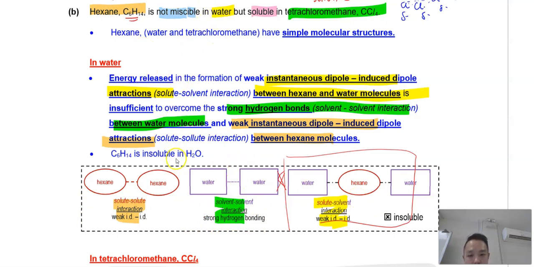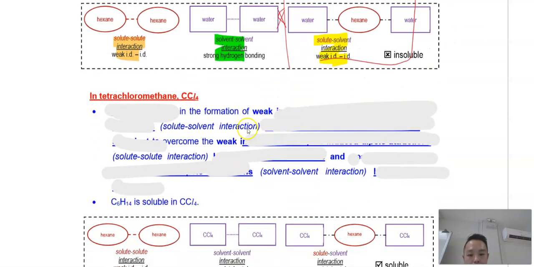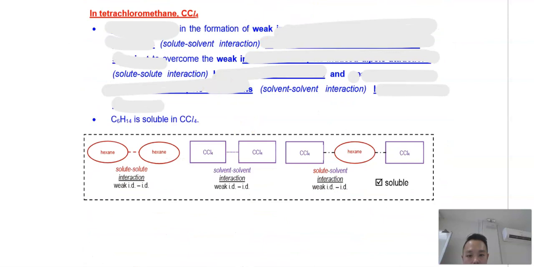In the case of tetrachloromethane, you have ID-ID for your solvent-solvent interaction, and ID-ID for your solute-solute interaction. Hexane and tetrachloromethane are two non-polar substances that are going to be forming ID-ID. For hexane and CCl4 as a non-polar solvent, we have weak ID-ID, and for solute-solvent interactions, we're also going to have ID-ID.